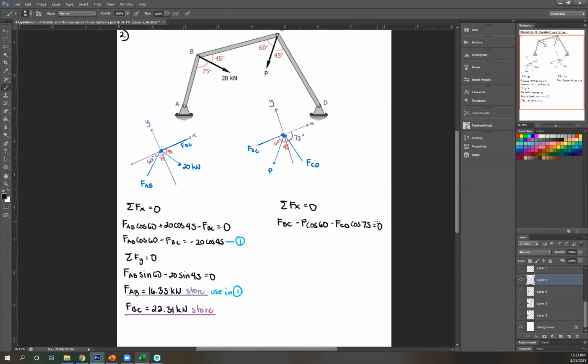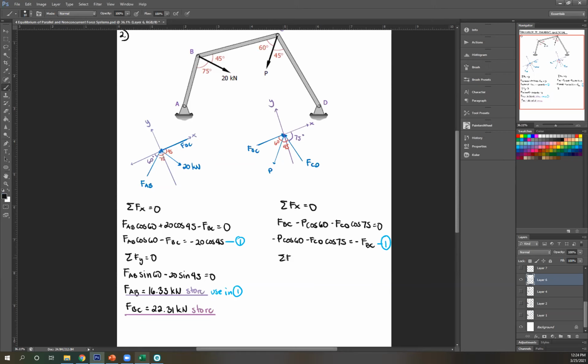Once again, I'm going to rewrite this so that you can clearly see our simultaneous equation. So negative P cosine 60 minus FCD cosine 75 equals, I already solved for FBC, so that's a constant now. So equals negative FBC. And that's your equation 1.